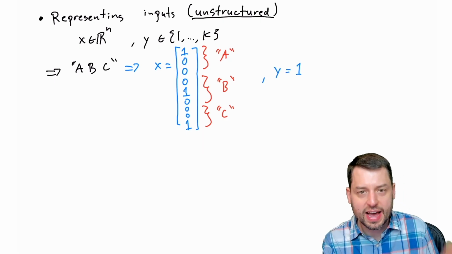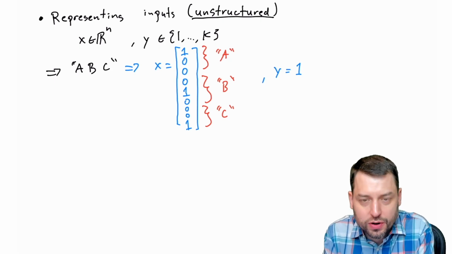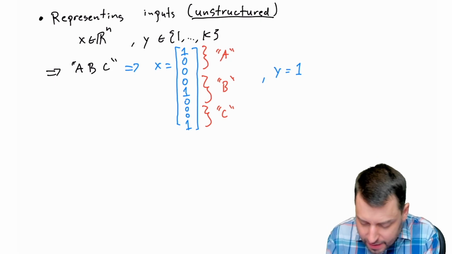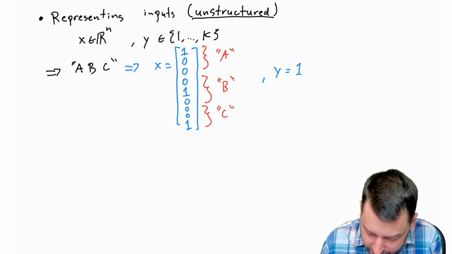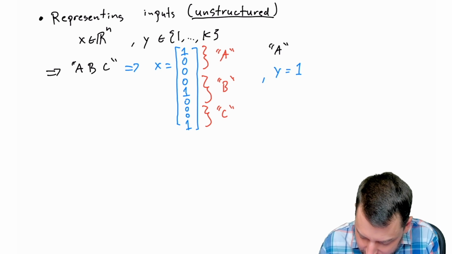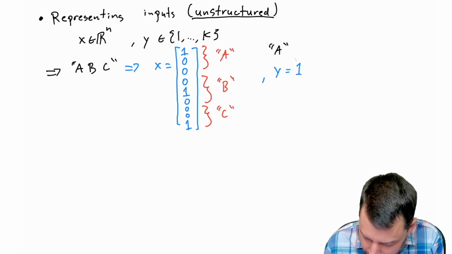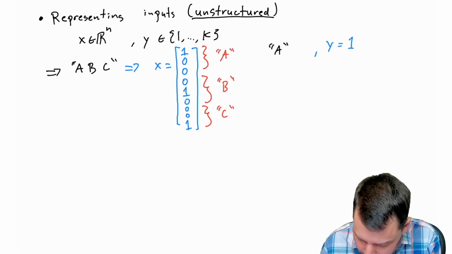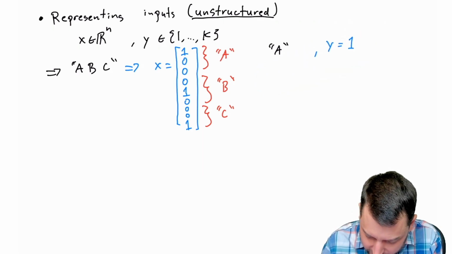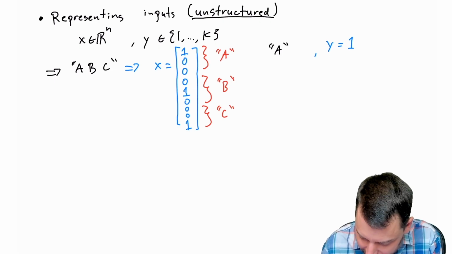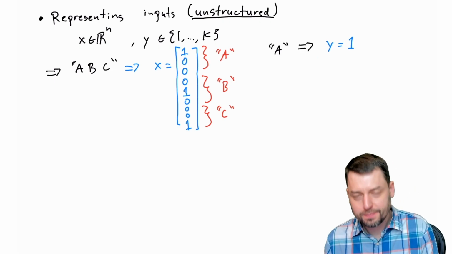Because we were predicting the next word to be A. In the same way as before, output A just corresponds to y equals 1.